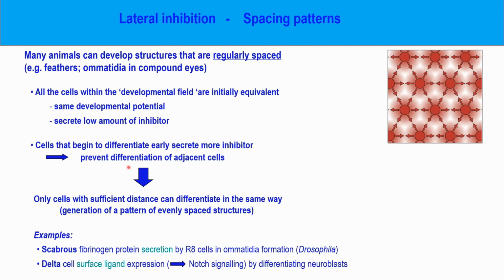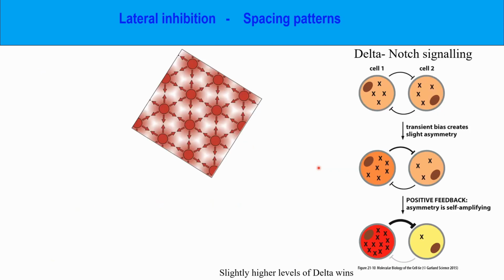And then over time, we will get the emergence of a pattern. And this will give rise to evenly spaced structures. There are some examples given here, which I don't think you need to know, but Delta-Notch signaling is very important, and I will go into that in a little bit more detail here.